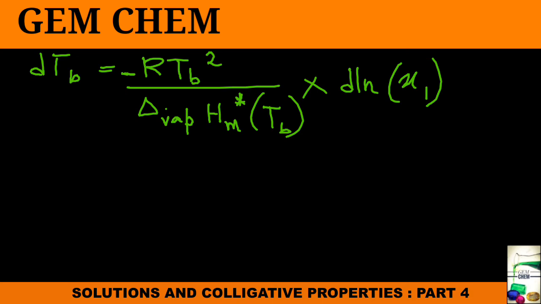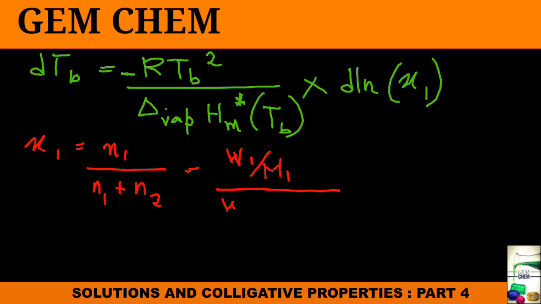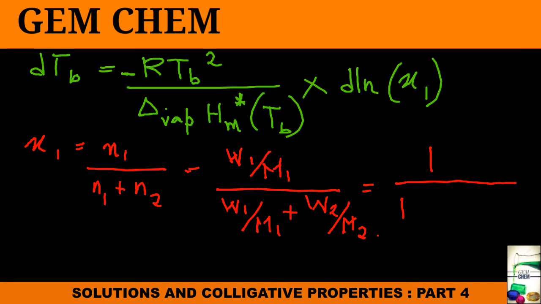Now if you can see here, what is x1? x1 is n1 by n1 plus n2, right? And this n1 is w1, that is the mass, divided by the molar mass M1, and this one is w1 by M1 plus w2 by M2. Then if we take all these things down, we get 1 plus w2 by M2 into M1 by w1.